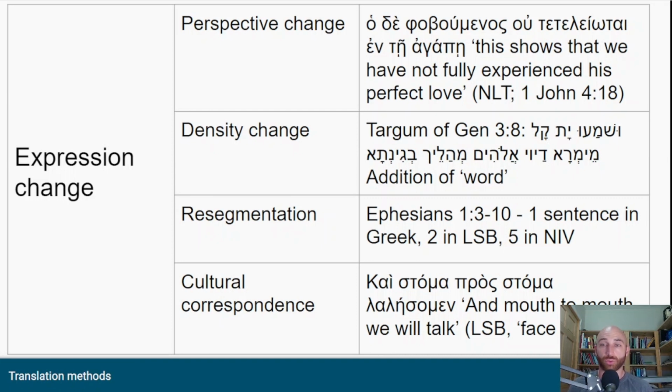It says, "Ushma'u yat kol memra da Adonai Elohim mehalech beginta." Okay, so there's some Aramaic practice for you if you're a bit rusty on it. And basically it says, "And they heard the voice of the word of Adonai God walking in the garden." So the addition in the text is the word.